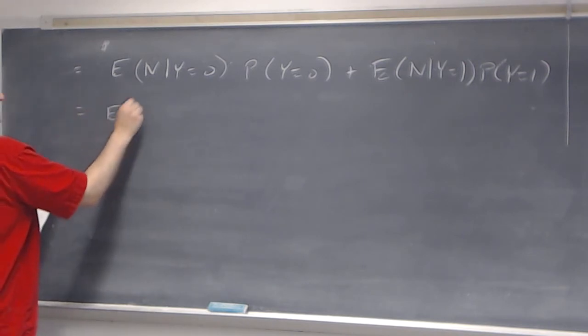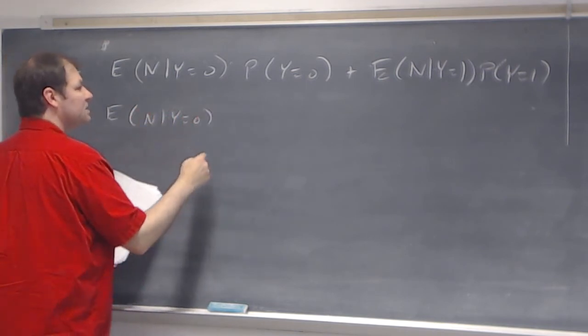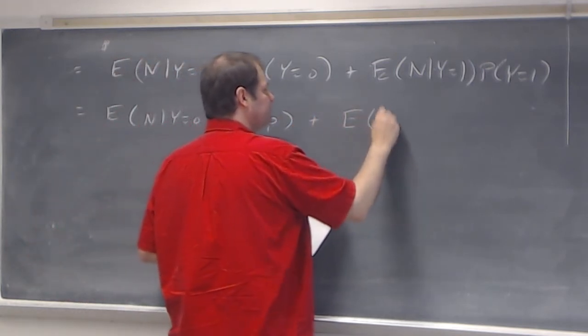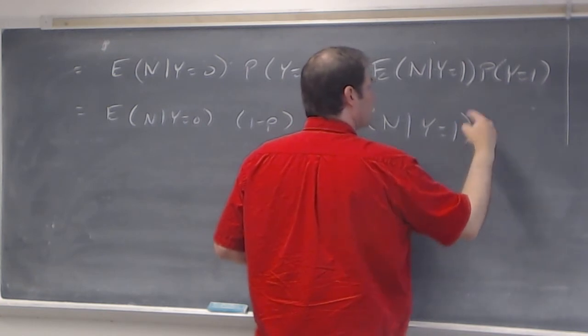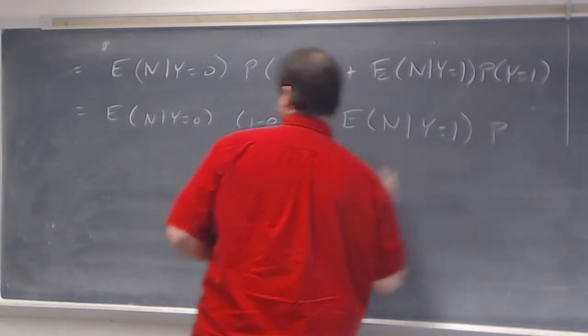Well, this is equal to the conditional expected value of N given Y equal to 0, the probability that Y equals 0 is 1 minus p, plus the expected value of N given Y equal to 1, and the probability that Y is equal to 1, the probability of a success on the first trial, is p.